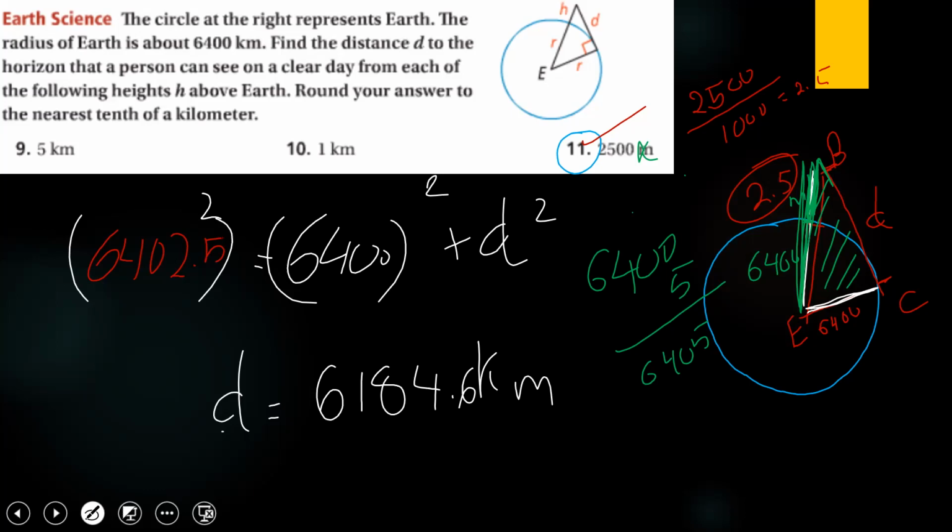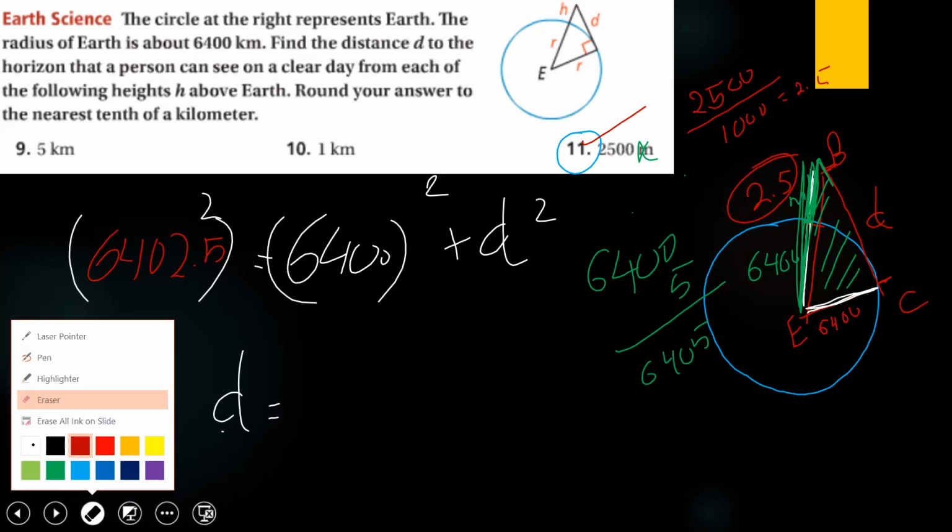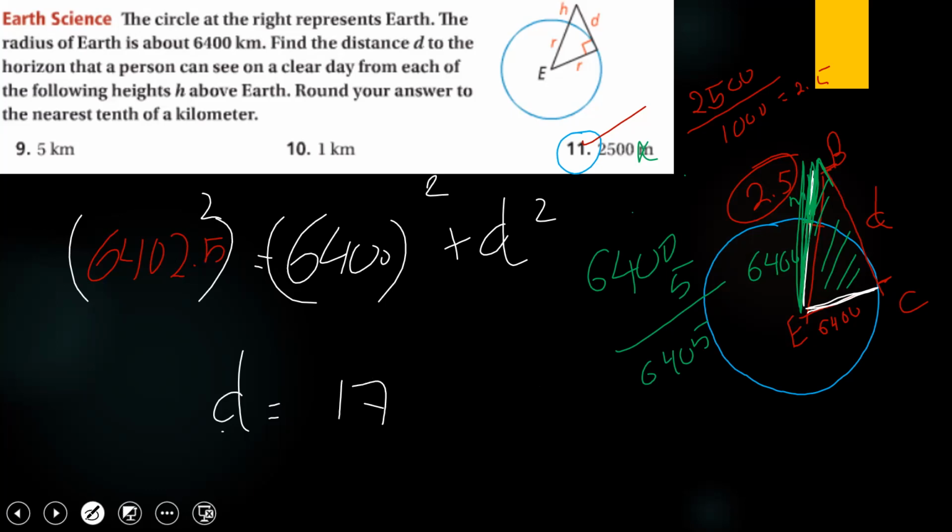You get this answer, then the square root of the answer. So it will be 178.9 kilometers. This will be the final answer, yes.